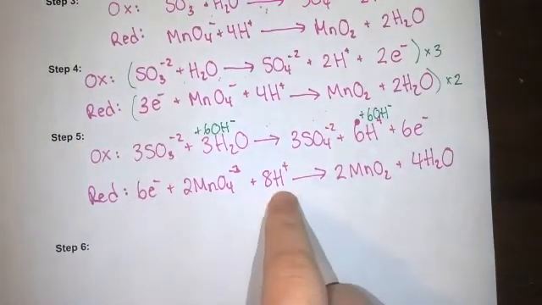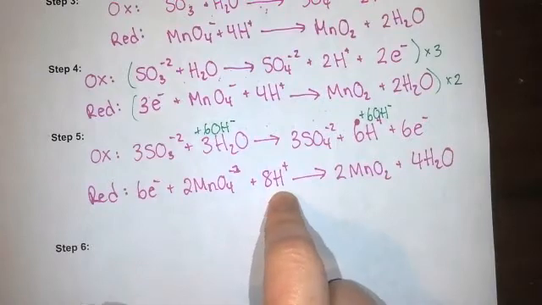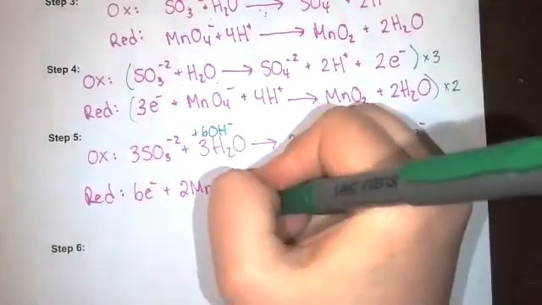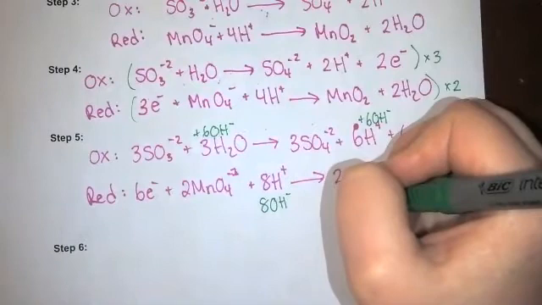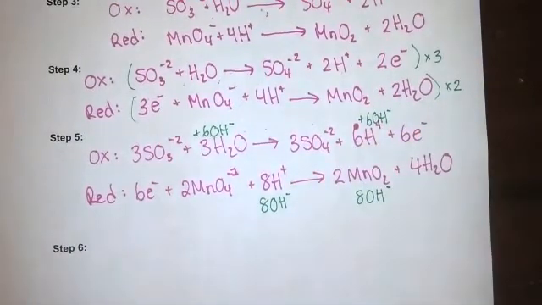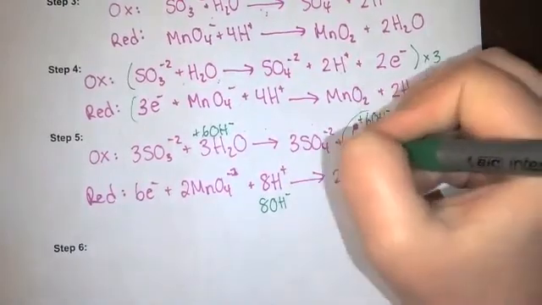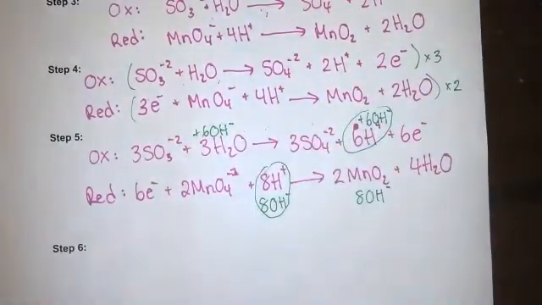Now I want to get rid of my 8 hydrogens here. So let us add 8 hydroxides. And then I'll have to be adding 8 hydroxides on this side. So my hydrogen and hydroxide are going to be forming water.